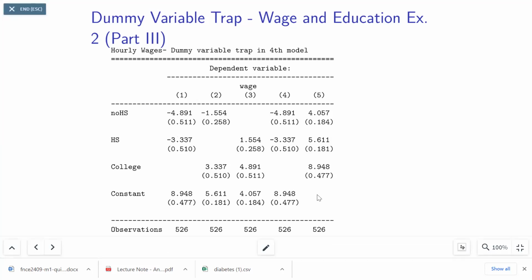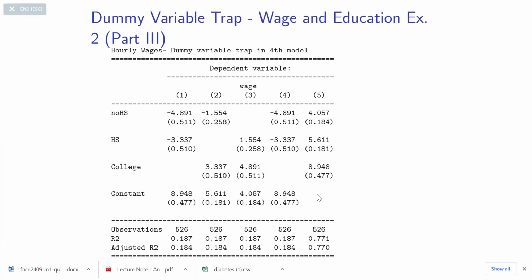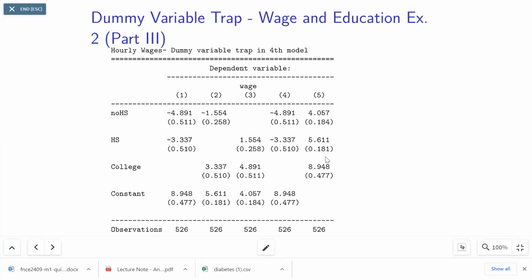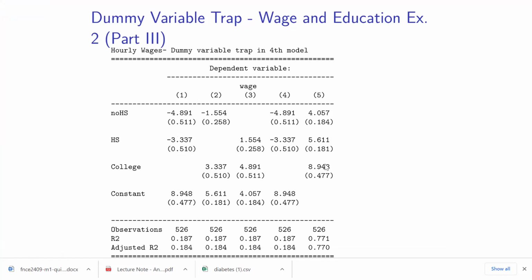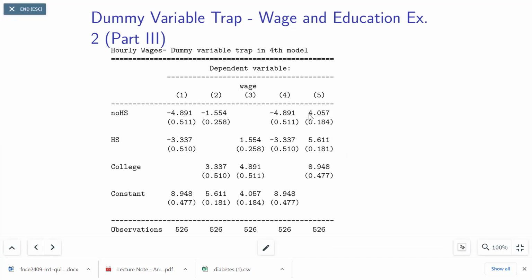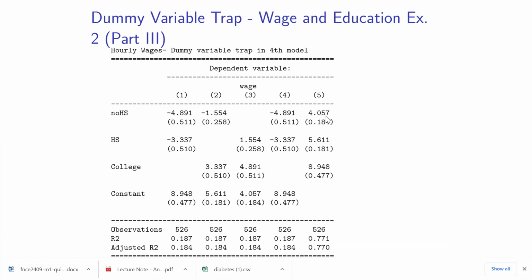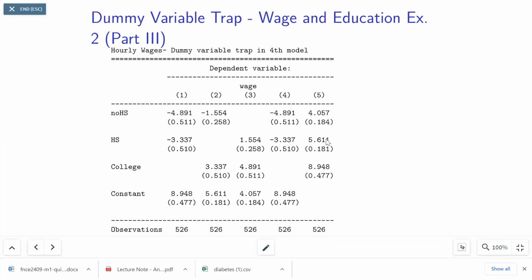In the last model, you coerce the intercept of the regression to 0 when you regress wages on all 3 dummy variables. When this happens, the coefficient estimates show the mean wage for each category of workers. Again, in this case, there is no longer a perfect multicollinearity problem in this model, because you created model 5 to get a quick glance at the mean wage of each category of workers.